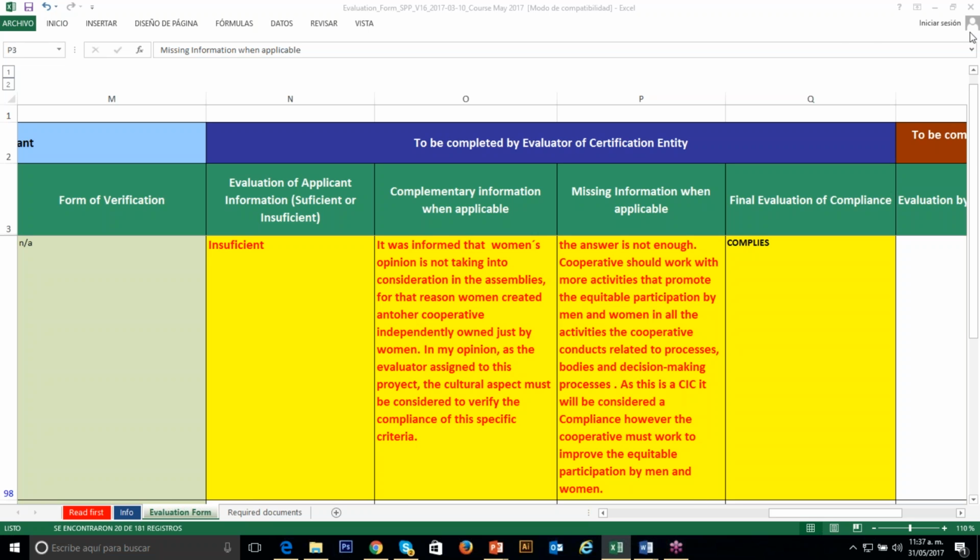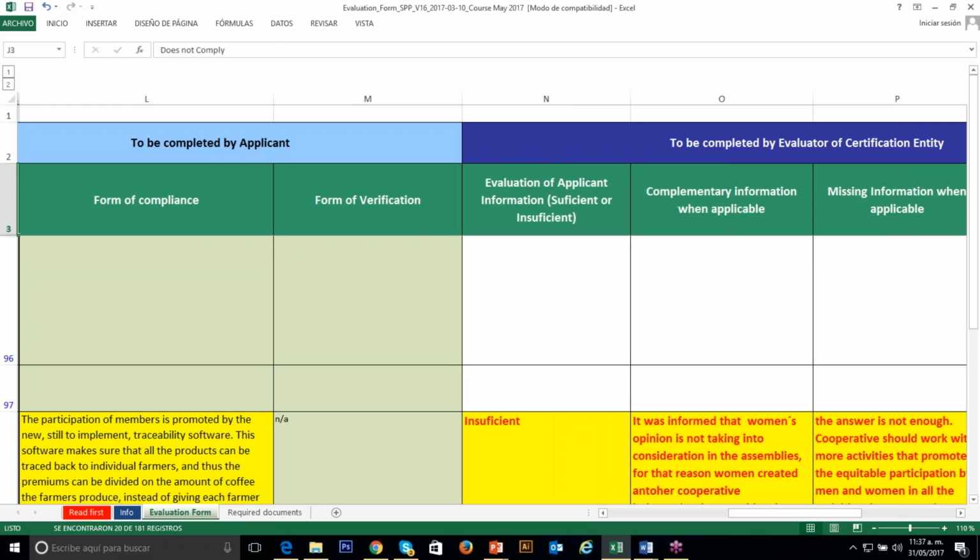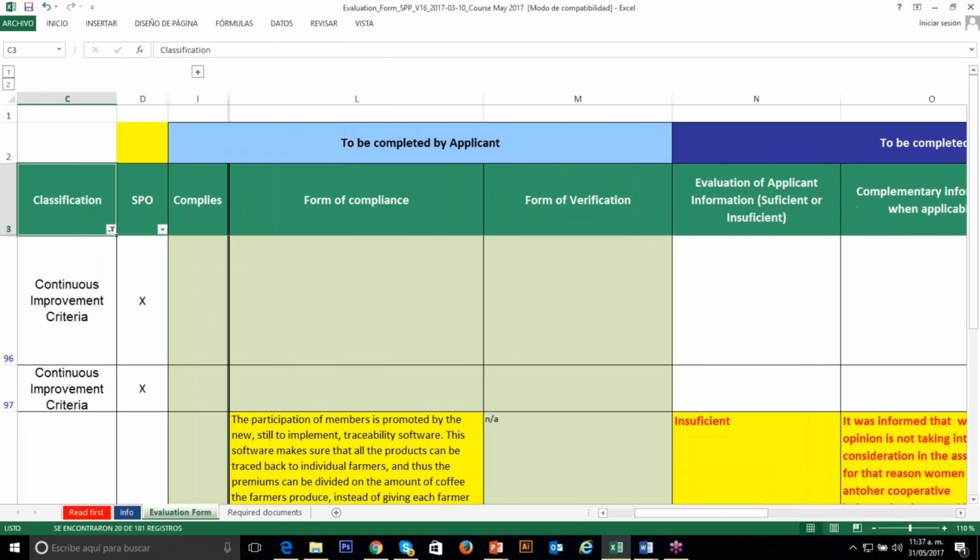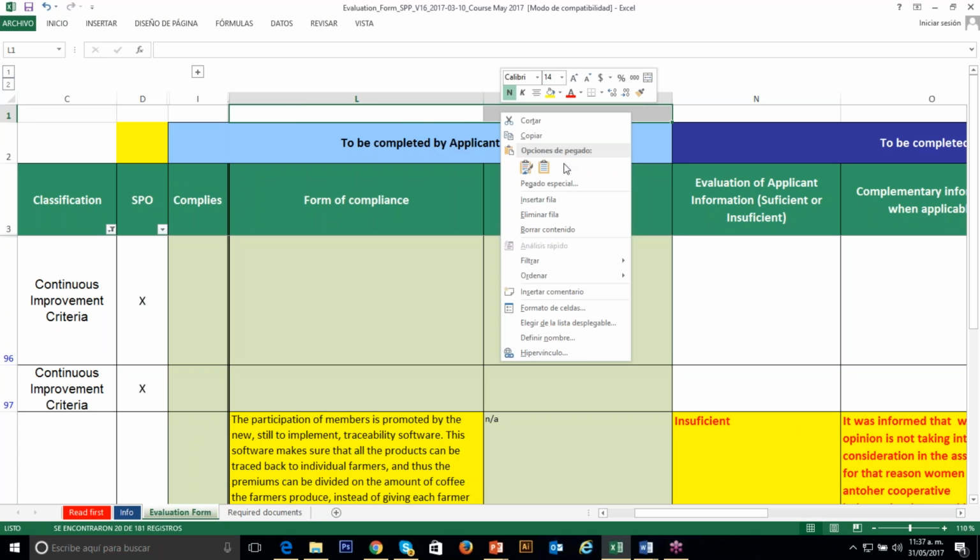Well, it's divided. The self-assessment is conducted by the small producer organization in this part, column L and column M. The self-assessment is completed here.